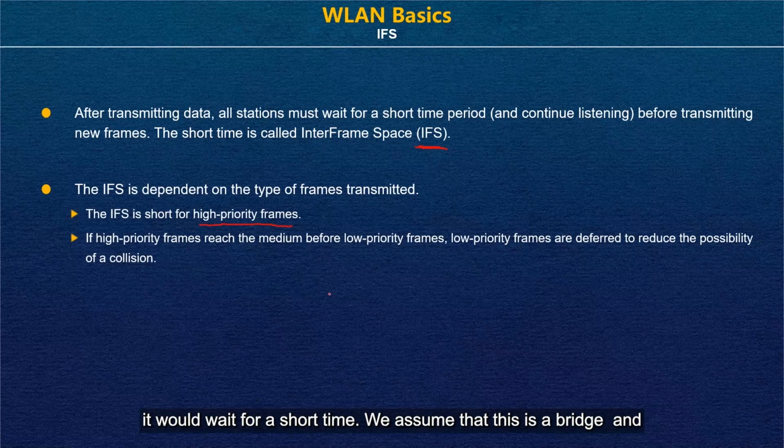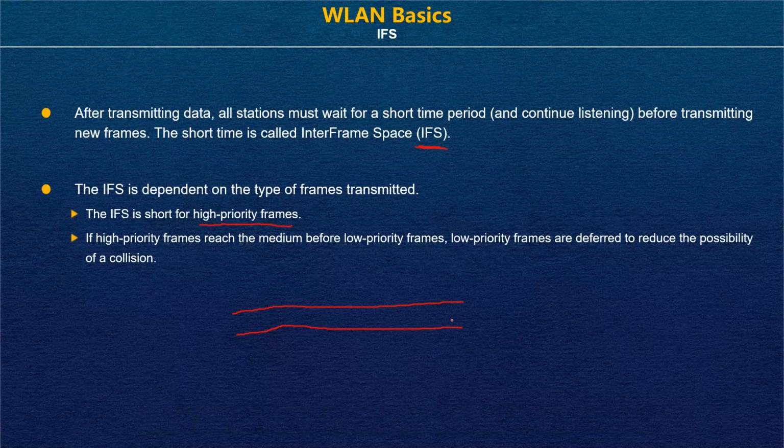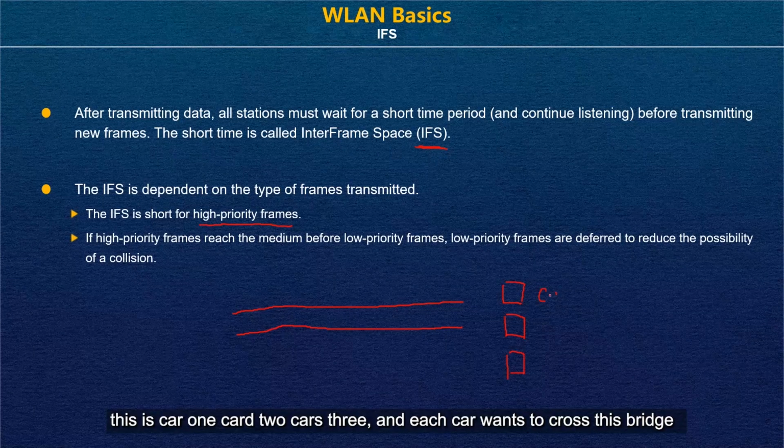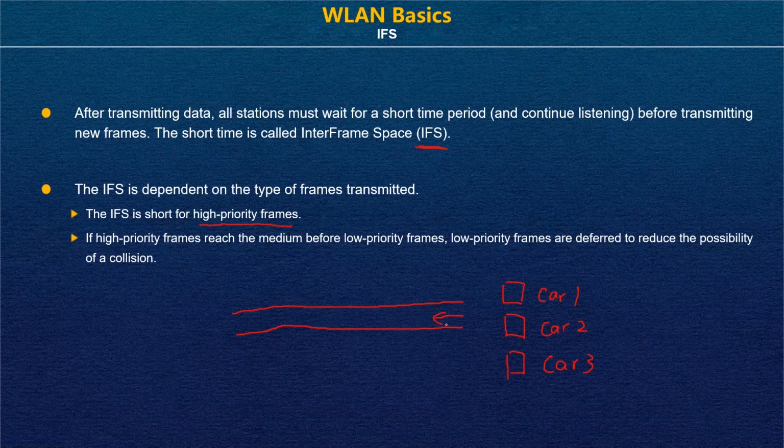We assume that this is a bridge, right? This is a bridge. And now we have a lot of cars. This is car 1, car 2, car 3. And each car wants to cross this bridge.